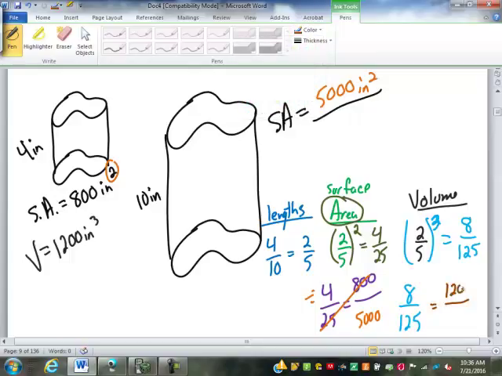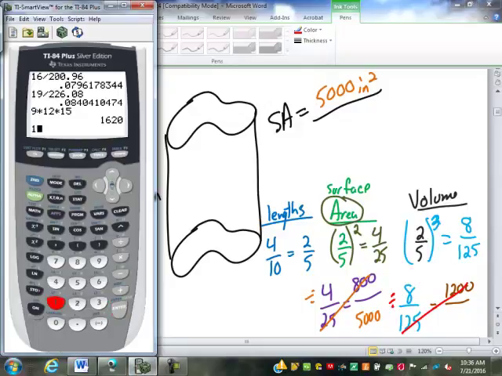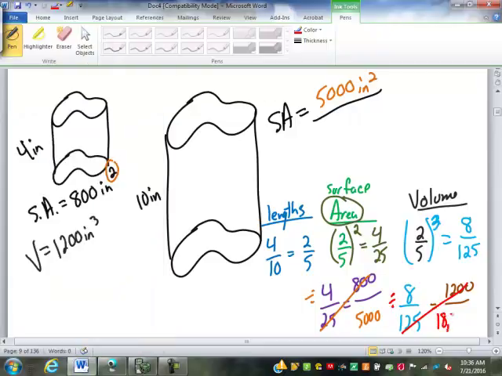Now I have 1,200 here. I will cross multiply and divide. Yes, 18,750. So the volume here is 18,750 inches cubed.